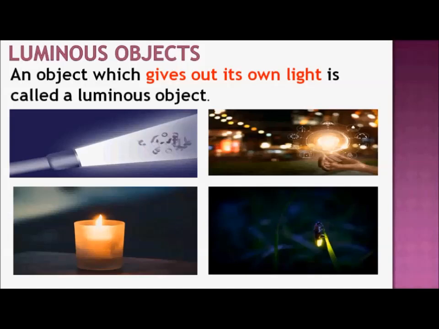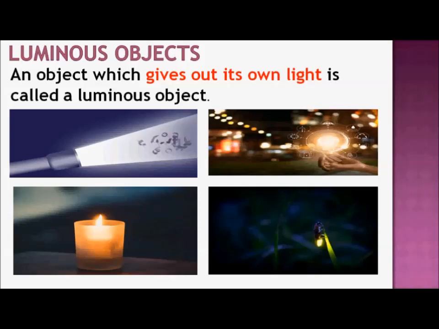That is, all the objects which give out their own light. That can be a natural source or an artificial source. So natural sources are sun, stars, firefly. Artificial sources are bulb, torch, candle, burner, etc.